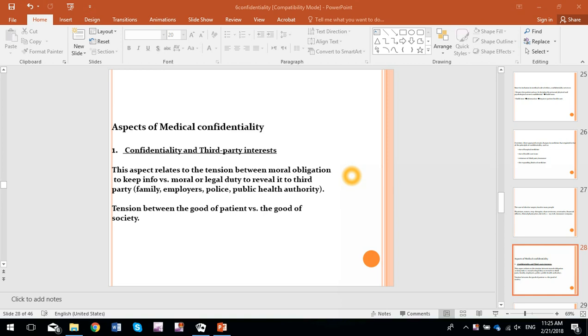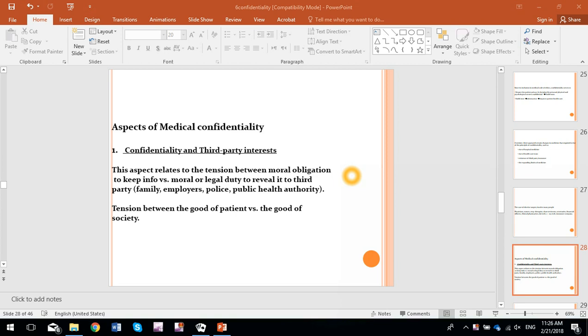Now, the public health authority has to be informed also. There are certain communicable diseases. Each and every physician who detects any of these has to report this finding to the public health authority. There is what is called the list of reportable diseases: polio, measles, and all these kinds.